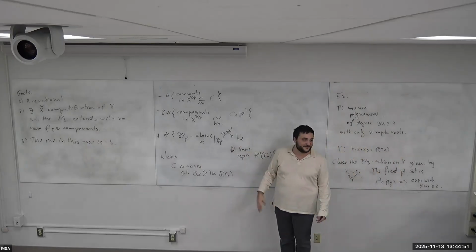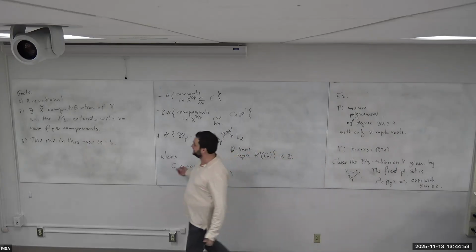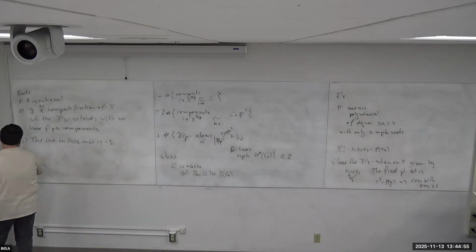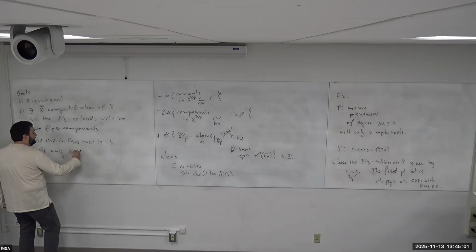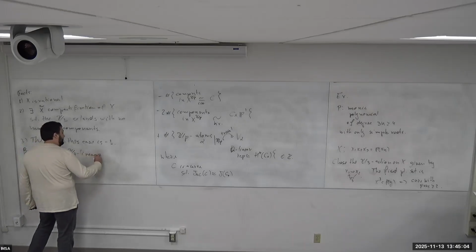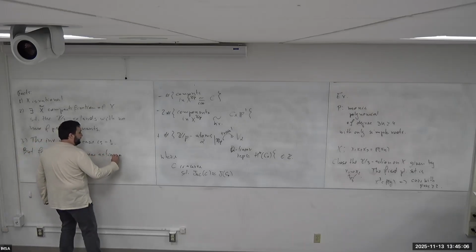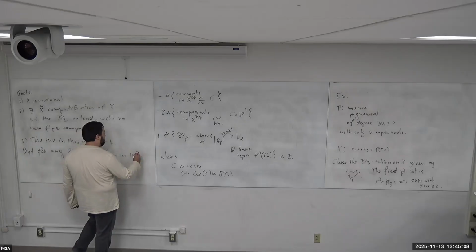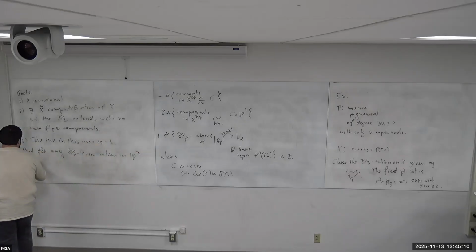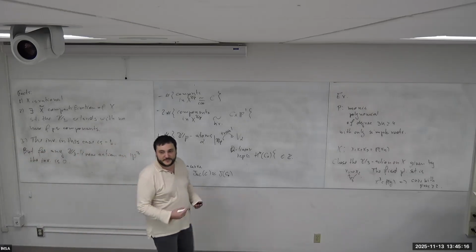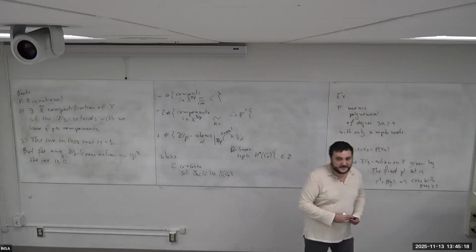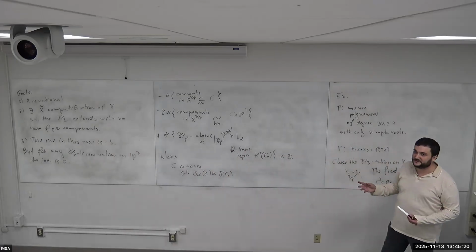So there is no contribution coming from curves. But for any Z3 linear action on P3, this means that these two cannot be Z3 birationally equivalent.